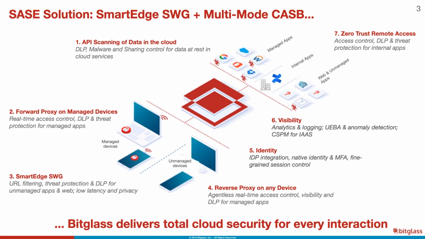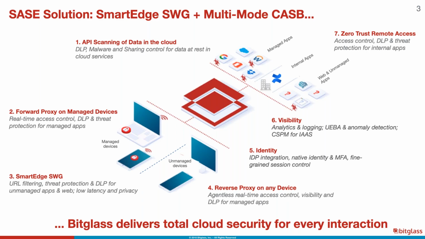So moving on to a forward proxy model. A forward proxy model is doing something with an endpoint. You need to install an endpoint to forward your traffic through a proxy to the cloud application. The only downside is the challenge, as we know from the old days, of putting endpoints on systems.